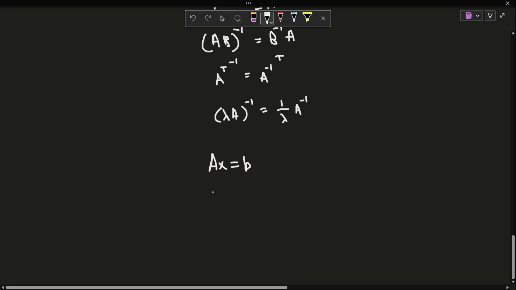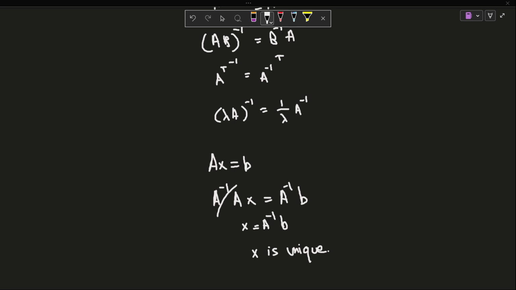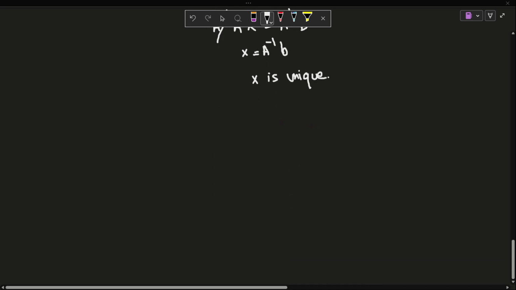Because if you can do this, then you can say that A inverse AX equals A inverse B, right? These two will cancel out and you'll get X equals A inverse B. And since the inverse is unique, like we just proved, this is always going to be the exact same X. So X is unique.